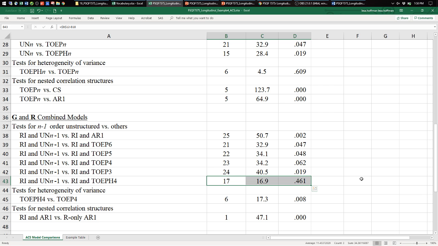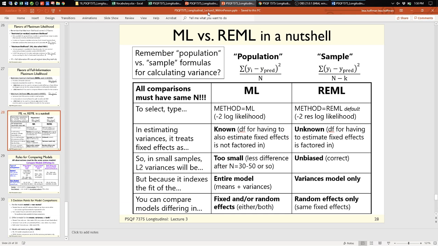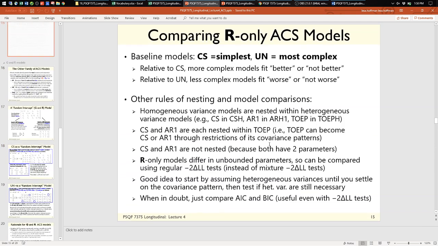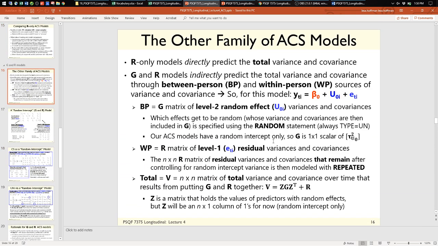You want the model to be non-significantly different. So that would be saying that this V predicted matrix is not significantly different than the one created from the data. That's what you're going for. And it uses fewer parameters to get there.